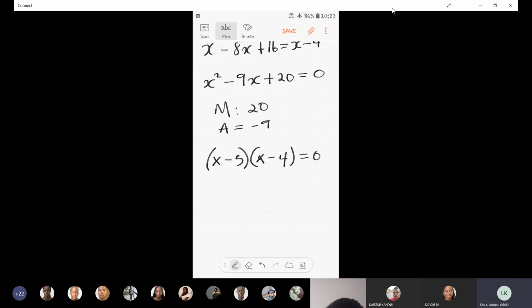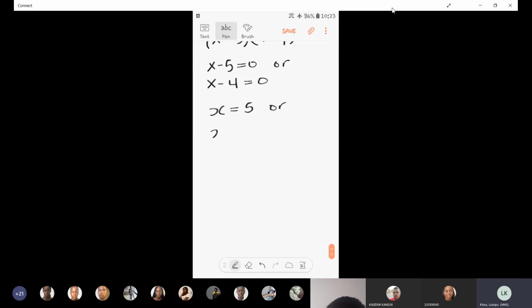The two brackets are multiplying, and the answer is equal to 0. It means the first one, x minus 5, is equal to 0, or the second one, x minus 4, is equal to 0. So this means x is equal to 5, or x is equal to 4.